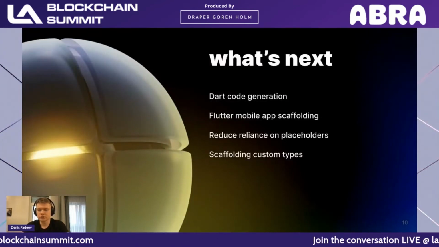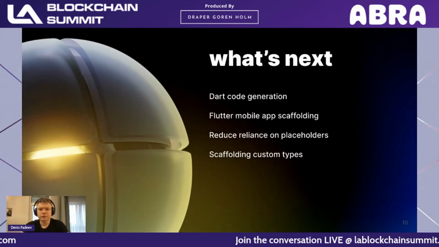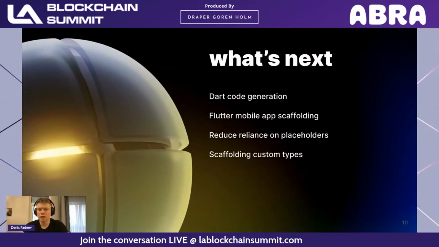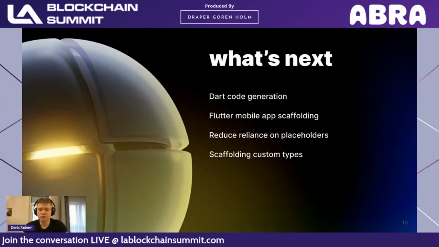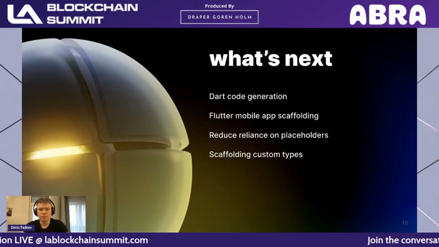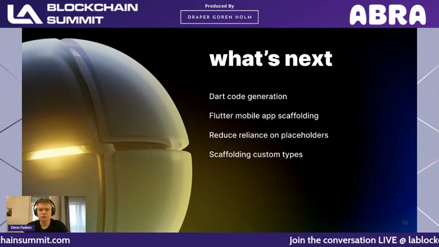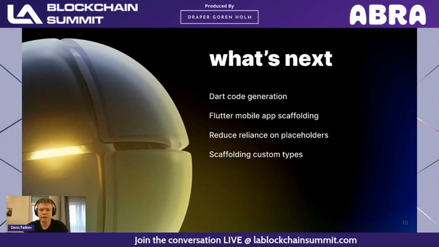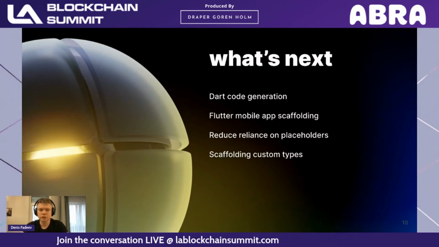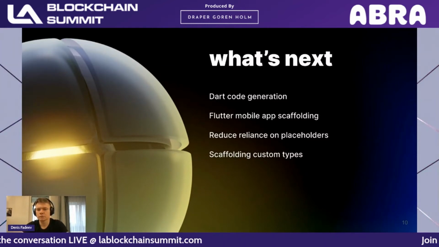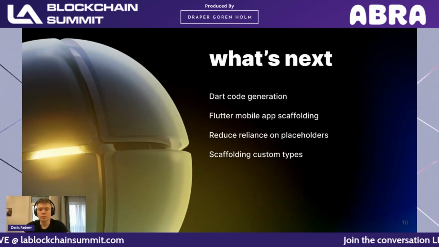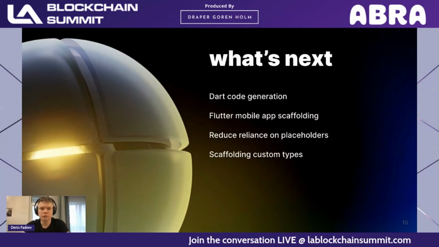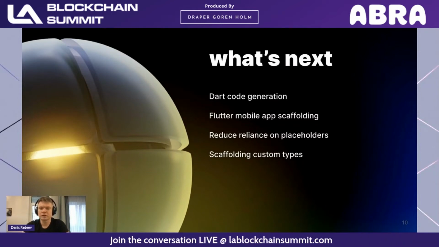So what's next for Starport? Well, first of all, we are thinking about adding mobile app scaffolding support. One of the things we discovered with Starport is that developers really like the additional functionality that Starport comes with, such as web client generation, because every blockchain needs a web client, right?